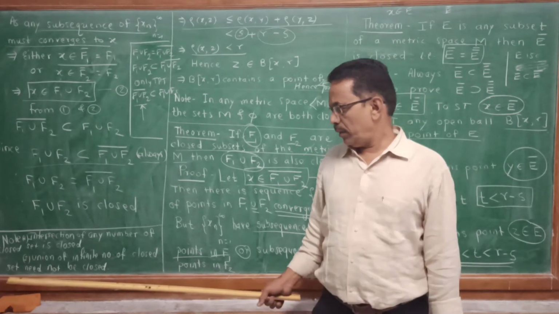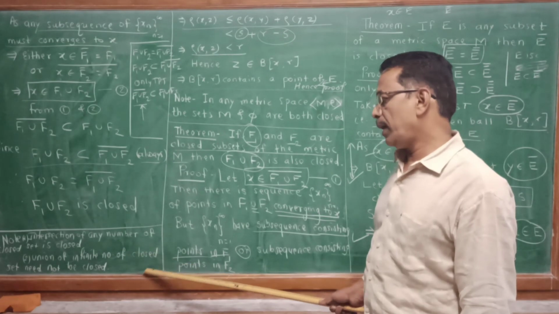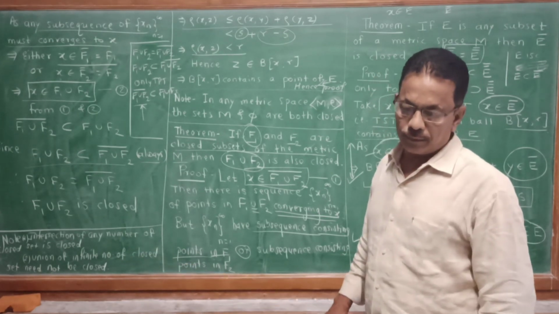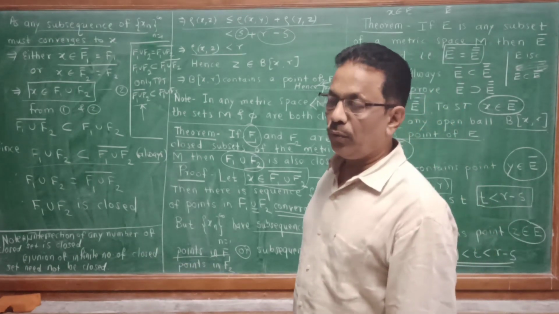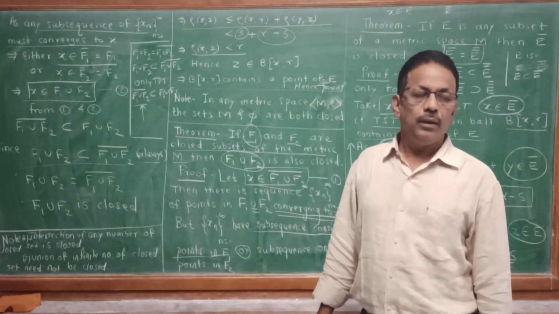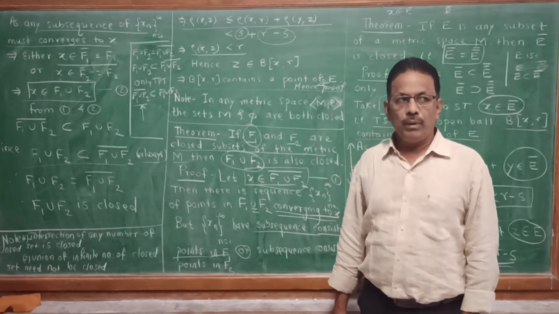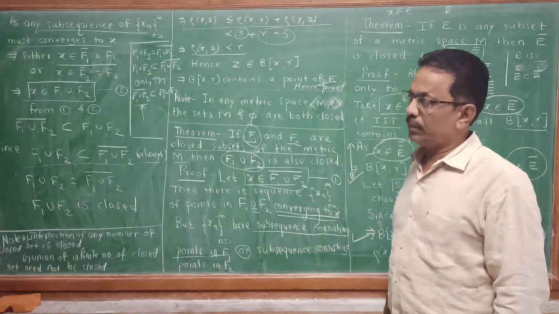Here, the important thing is that the union of infinite number of closed sets need not be closed. These are the two statements which are helpful for our multiple choice questions.